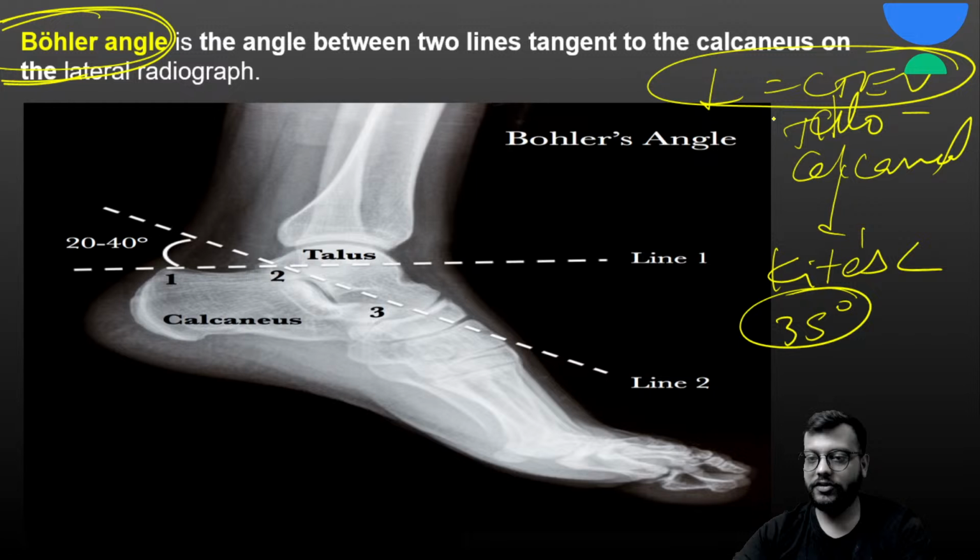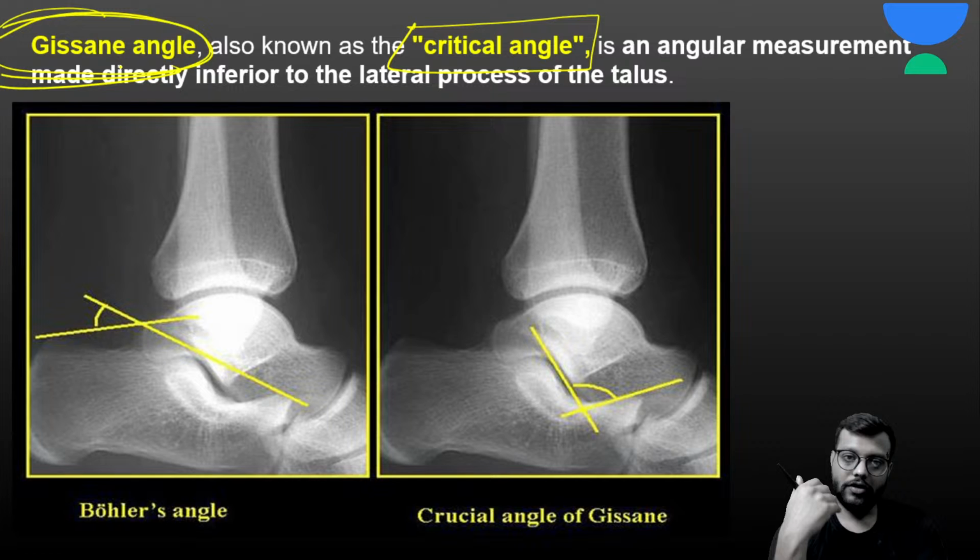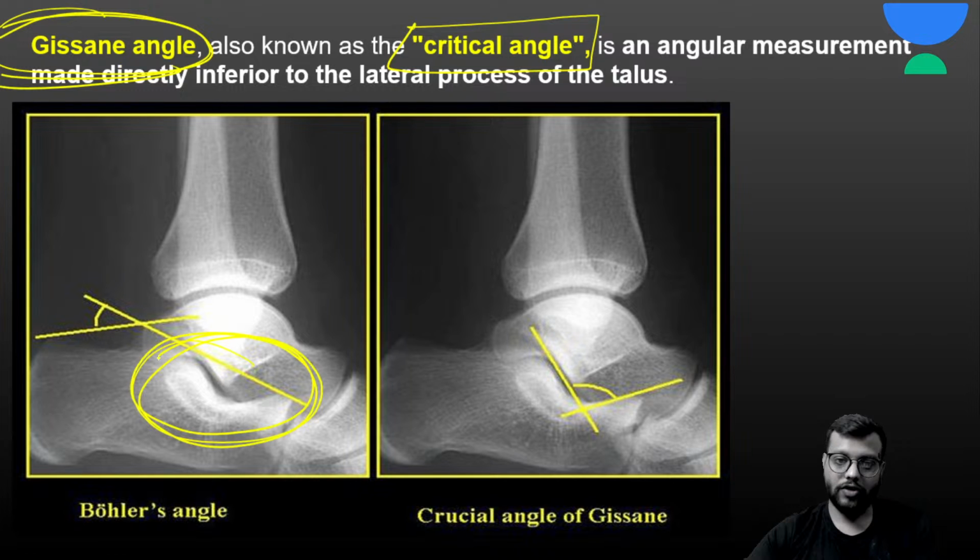Because it decides whether the fracture of the calcaneum is operable, that is, whether the indication is operative or not. It is in the subtalar joint. If in this subtalar joint this angle is increased, or there is displacement, then you have to go for surgery. That is all you have to remember.